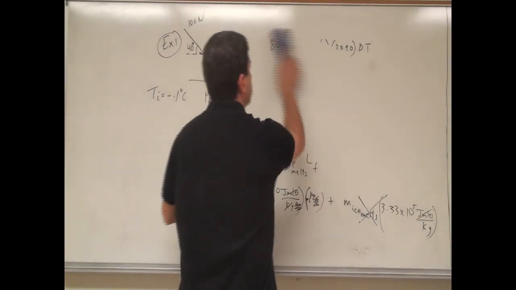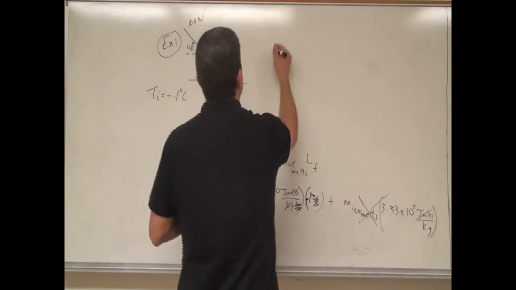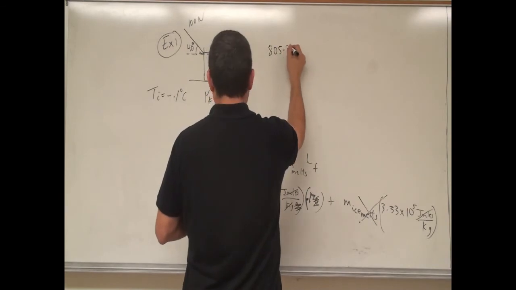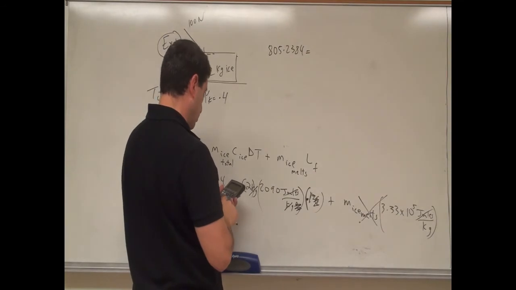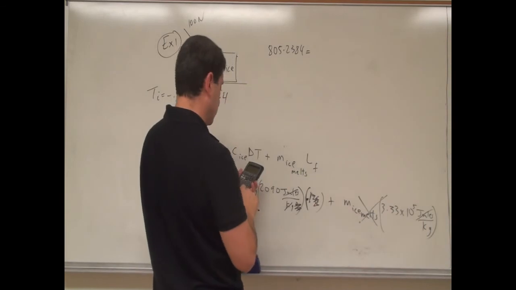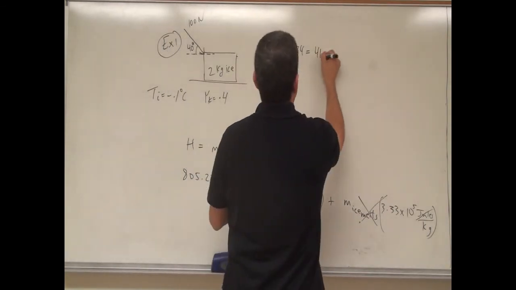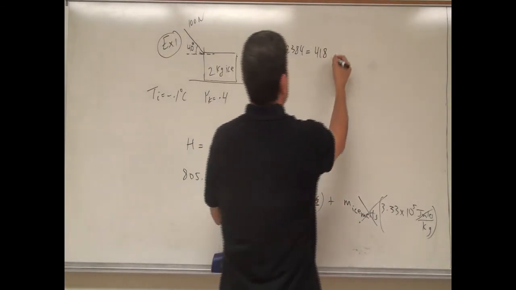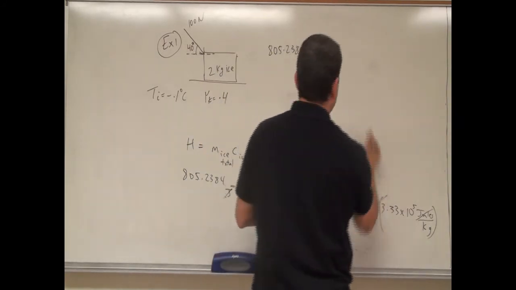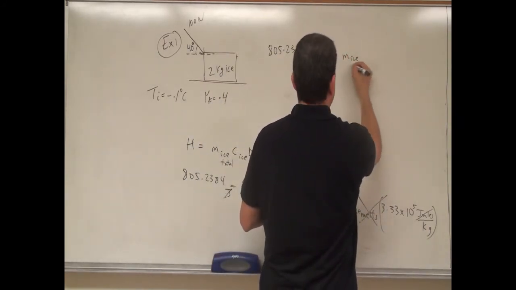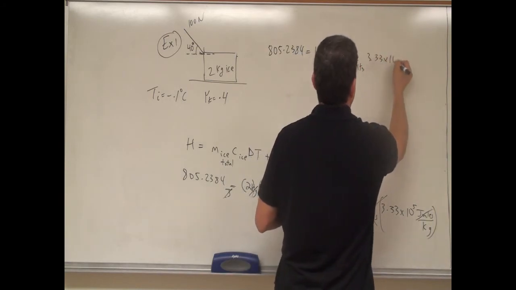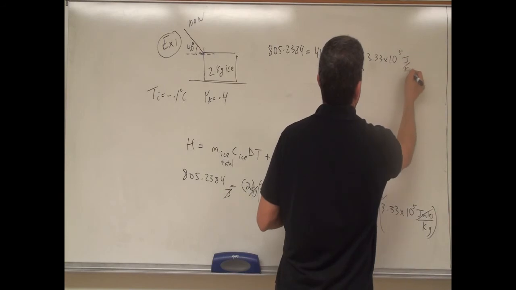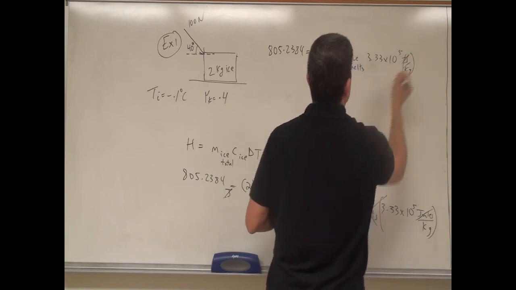So then what would the answer be? Then we would have here 805.2384, and then we would have 2 times 2090 times 0.1, and that would be 418, right? Plus mass of ice melts times 3.33 times 10 to the 5th joules per kilogram, okay, and then the joules would cancel.